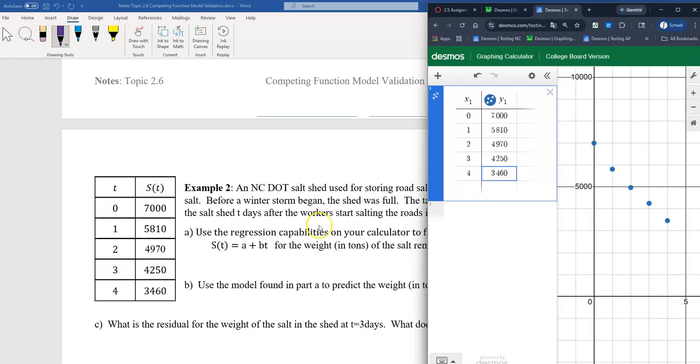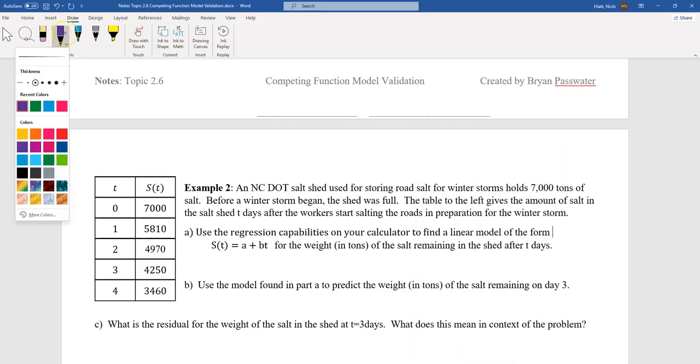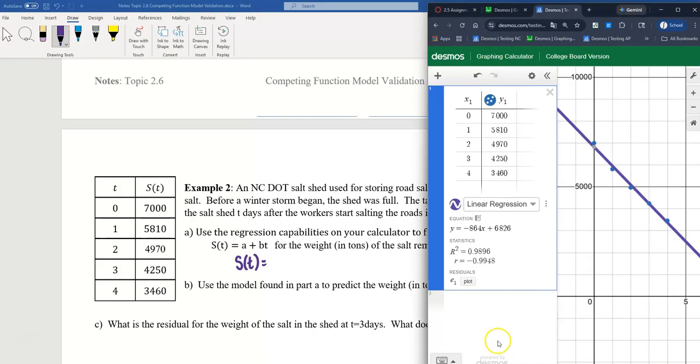Okay, and then we want the linear regression, so that's already programmed in for us. Now they did ask for it to be a plus bt. This gives y equals mx plus b. I don't think they will count off for this, but you could do S of t equals, put your y-intercept first here to be in that form that they're asking for.